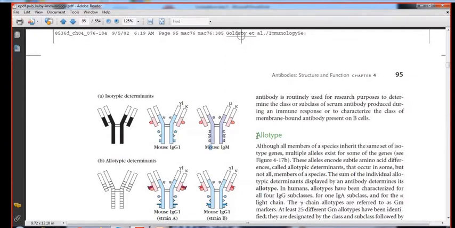But the allotypic difference is that, say, I can produce amylase enzyme by my saliva. You can also produce amylase enzyme by your saliva.